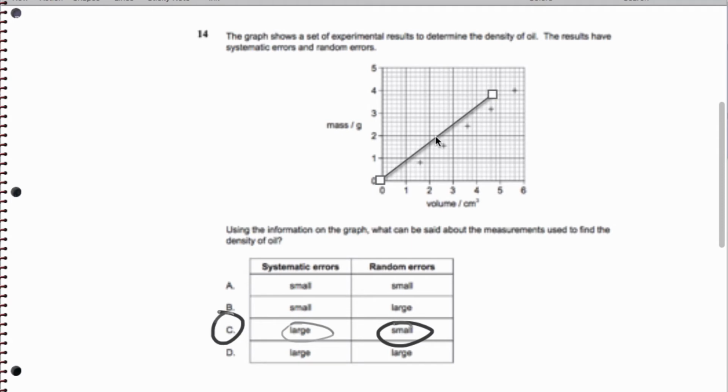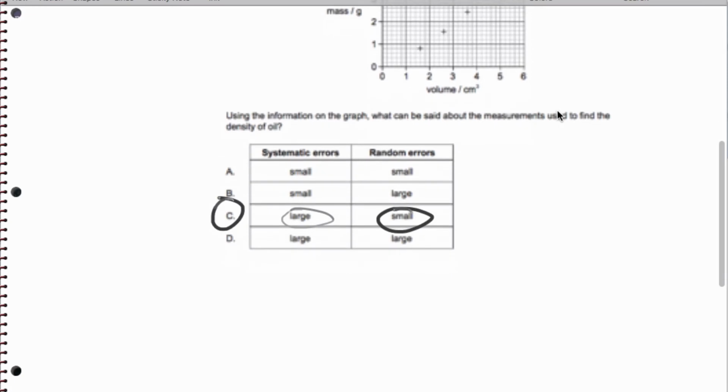We would expect it to actually run through the origin because as your mass goes to 0, your volume should go to 0. But instead, we get this strange line that is clearly off the mark. So we get a nice consistent slope, which we expect for a nice constant density. So we have a large systematic error, but very small random errors.